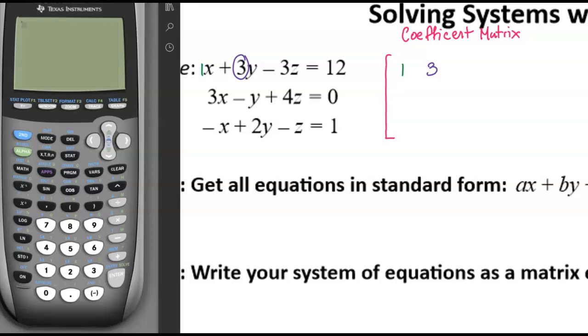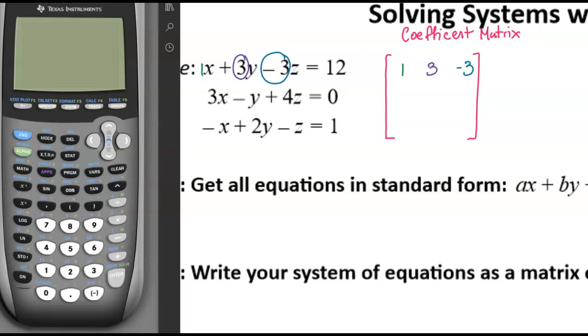And then what's the coefficient on the z? Negative 3. So I'm going to place a negative 3 next to the 3 that was for the y. And I've created my first row in my matrix. So that's how wide my matrix needs to be. I can close the bracket.